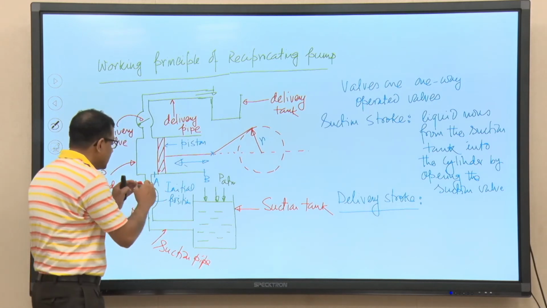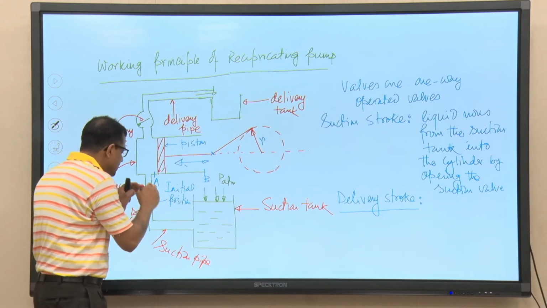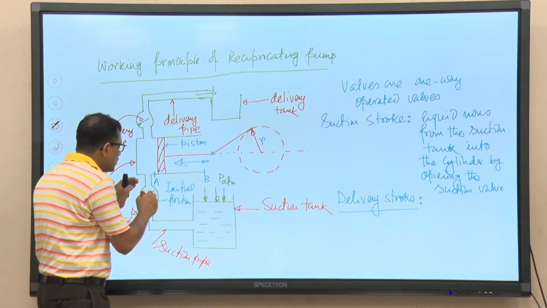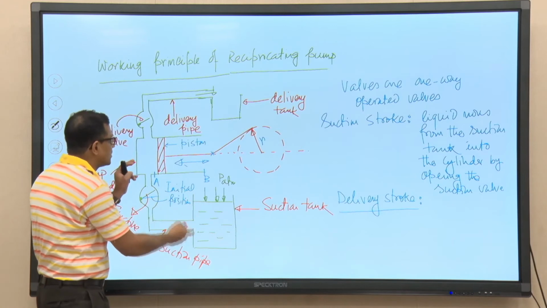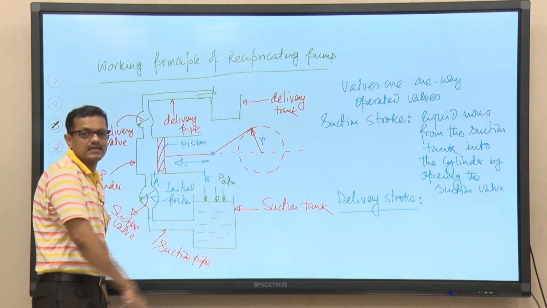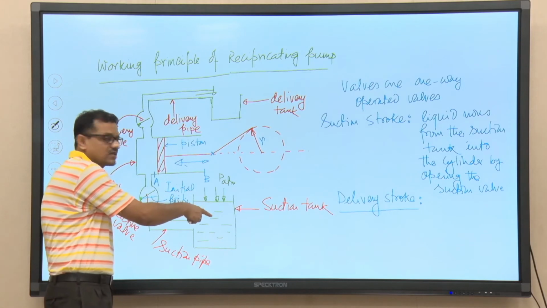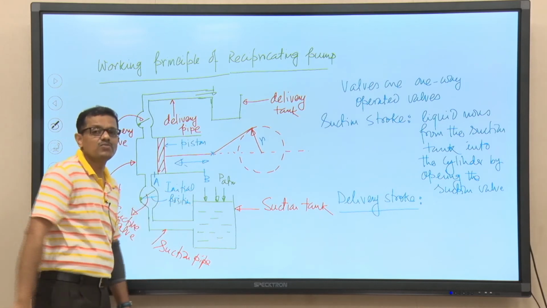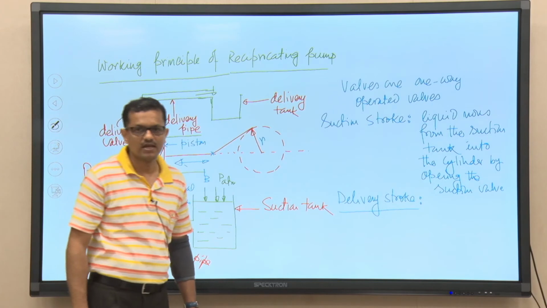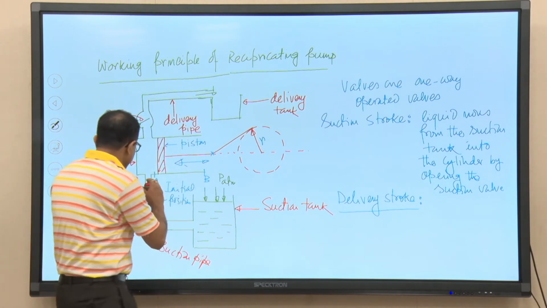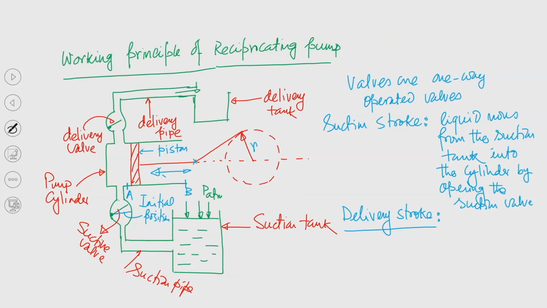And the moment it is sitting in its original position, there will be no liquid flow either from the suction tank to the cylinder or from the cylinder to the suction tank. A common tendency would be for the liquid to go back to the suction tank, but the valve will not allow that. So, the suction valve is remaining in this position.